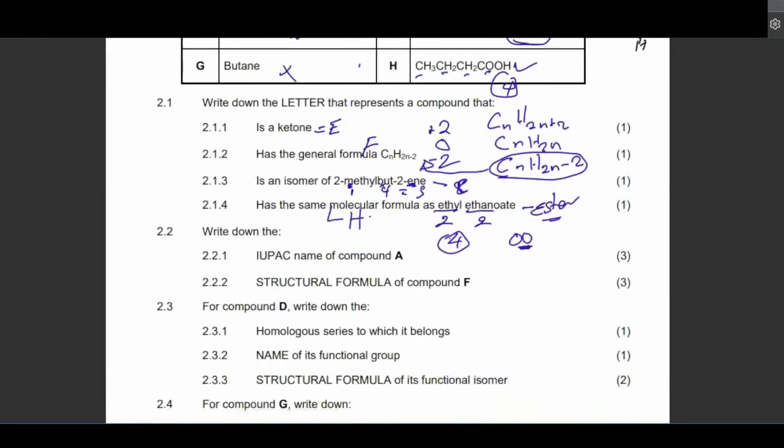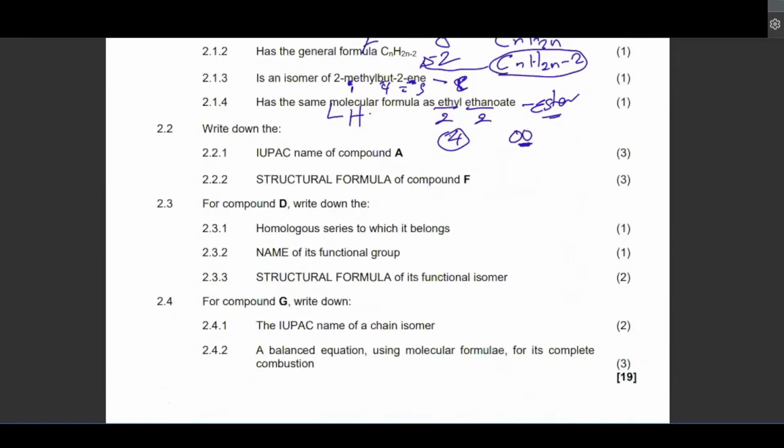Let's go to question 2.3. They're saying write down the homologous series to which compound D belongs. So we need to see the homologous series to which compound D belongs.